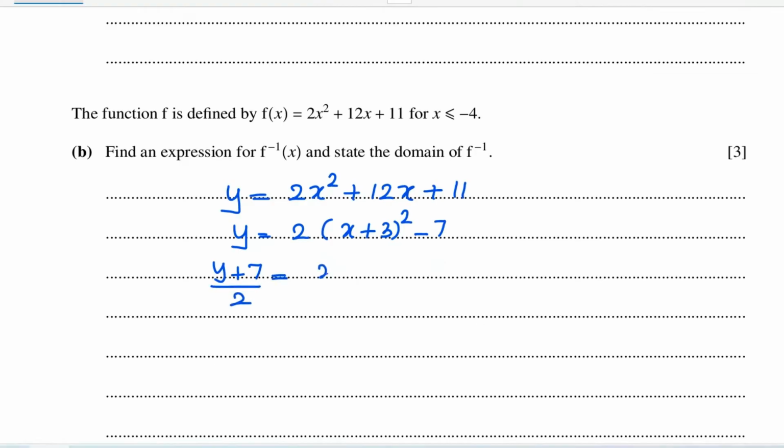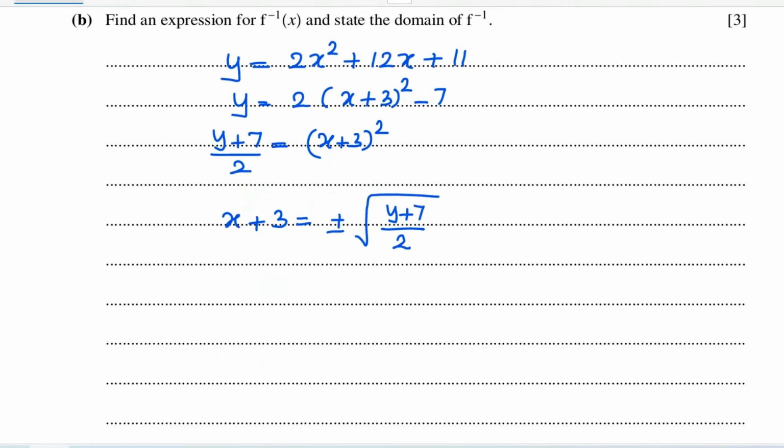Now from this, make x the subject, so you will get y plus 7 divided by 2 equal to x plus 3 the whole square. So x plus 3 equals plus or minus square root of y plus 7 divided by 2. So x equals minus 3 plus or minus square root of y plus 7 divided by 2.